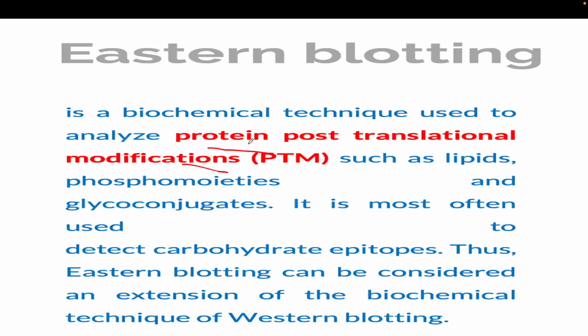Not the protein expression, but what kind of post-translational modification is there. Suppose a lipid molecule or a carbohydrate is attached to the protein; this type of detection you can identify by eastern blotting.